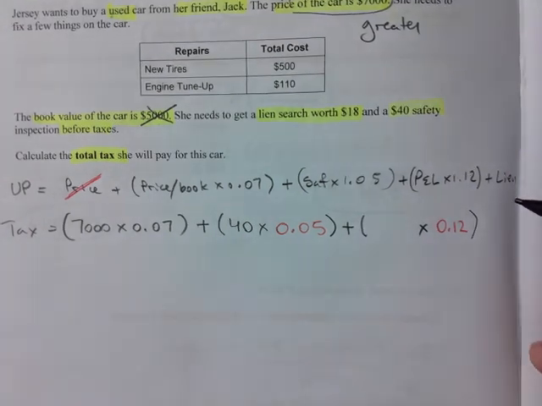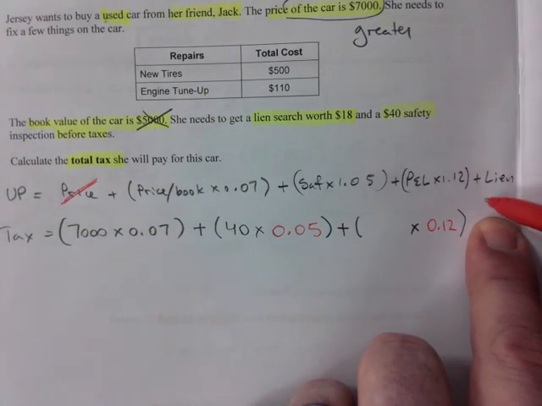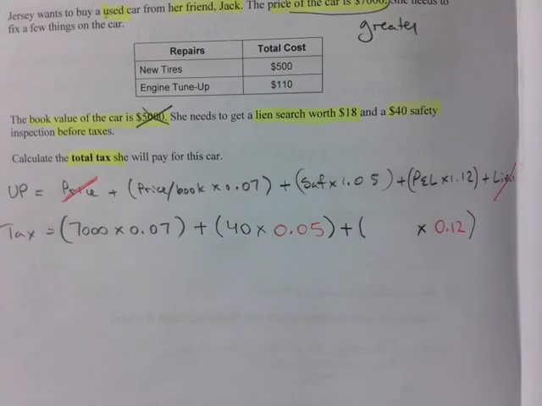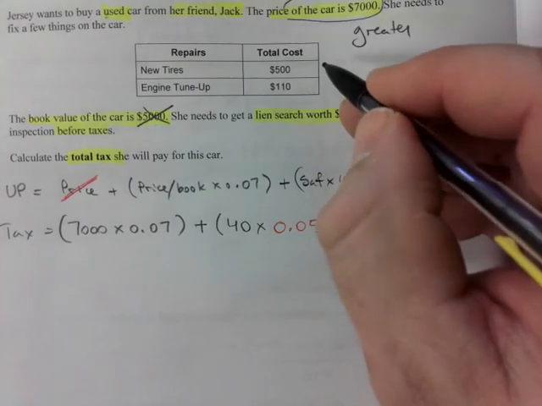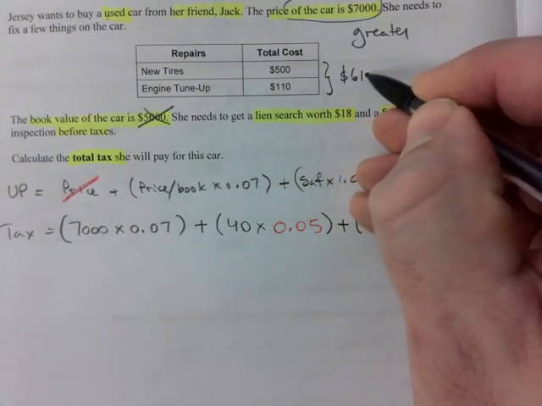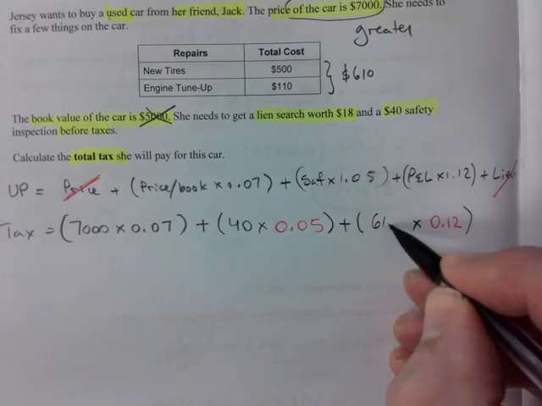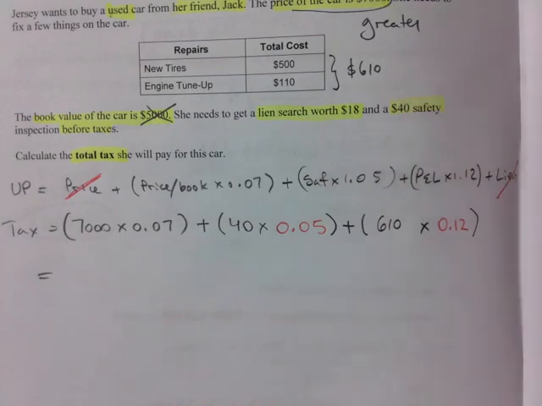Is the lien going to matter to us? There are no taxes on that, so you can just get rid of it. Parts and labor, let's figure that out. We can do mental math on this, right? 610. So we're going to go 610 times that. This is going to give us our taxes.